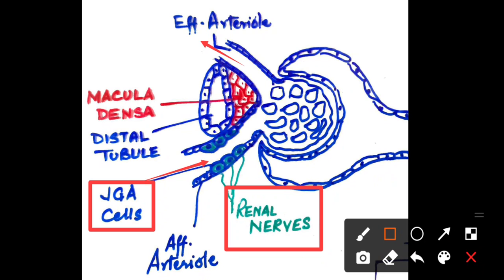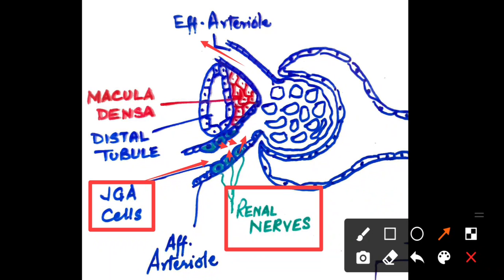It is renin. This renin will be secreted into the blood by these secretory cells of the JG apparatus.